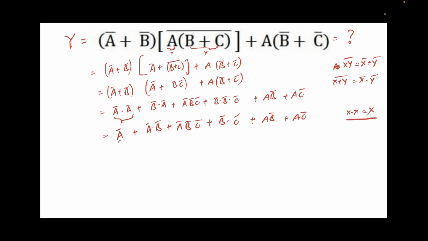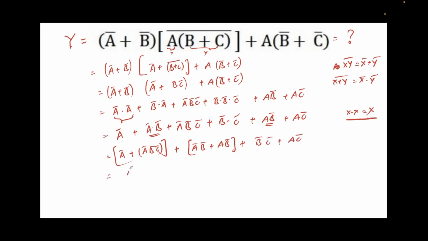I'll bring this term here first, so I'll write A bar plus A bar B bar C bar. Plus, let me combine this term and this term, so I'll write (A bar B bar plus A B bar) in a second bracket, plus these terms remain the same, B bar C bar plus A C bar.